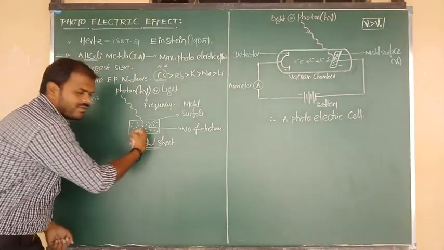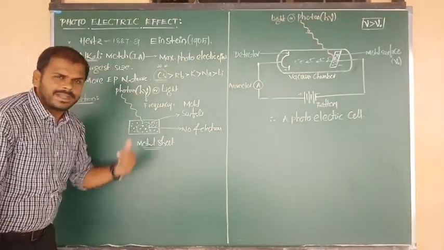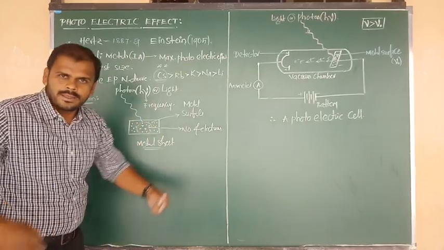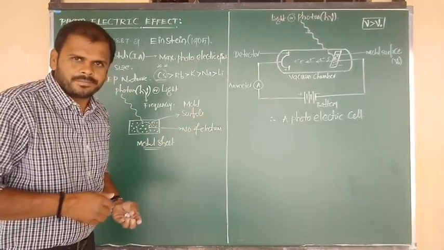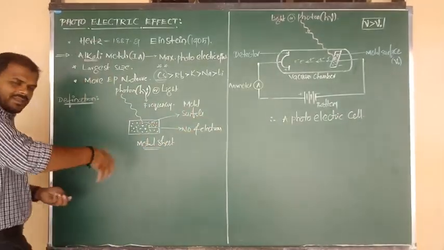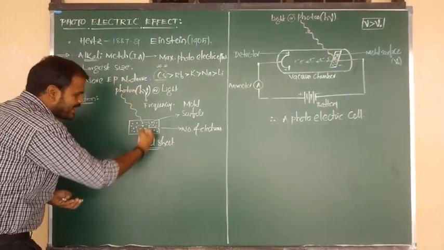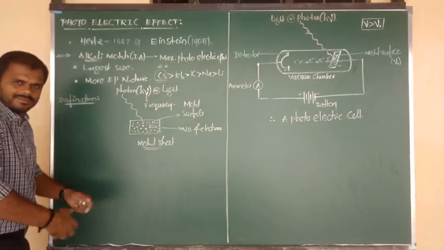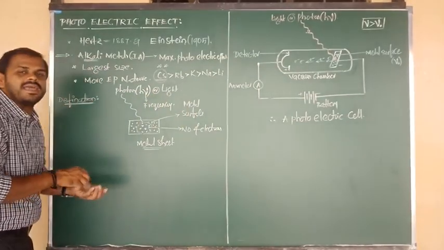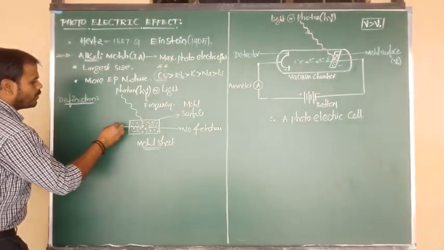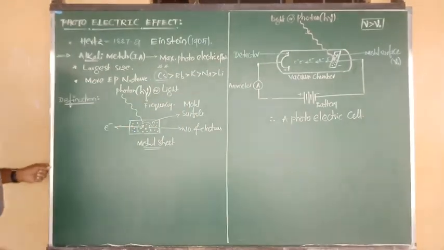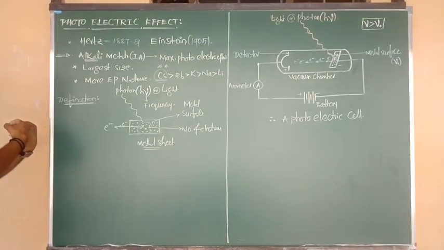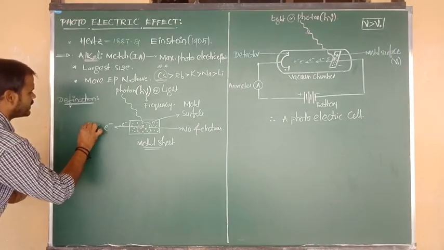By the gain of energy from the incident photon, the electrons present in the surface get excited, and finally they come out, they are released out. Like this we can write now.